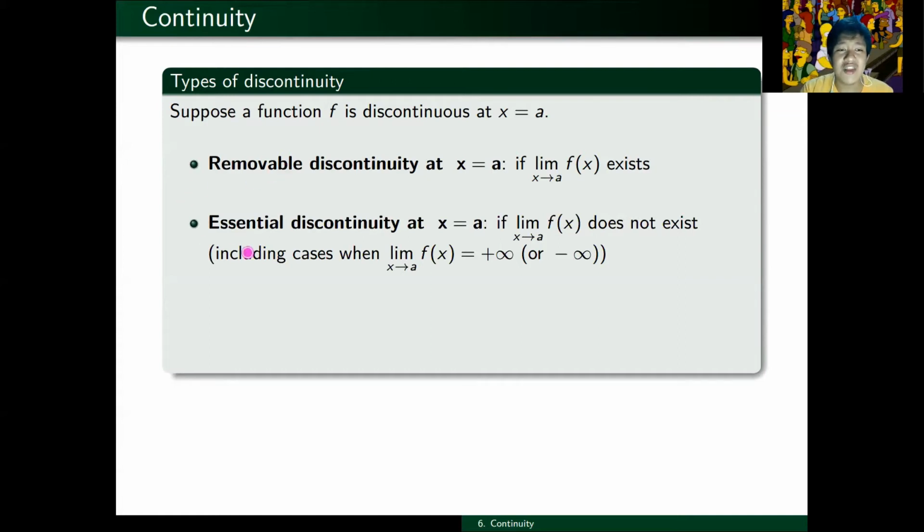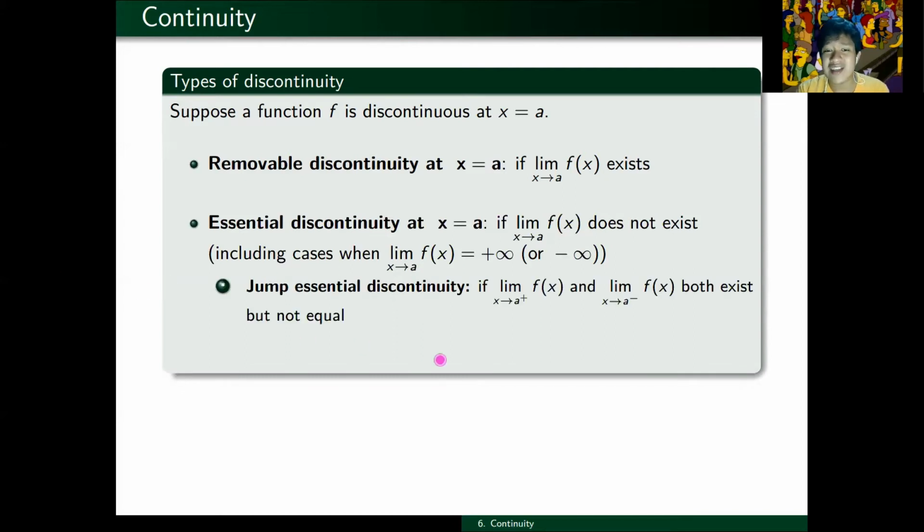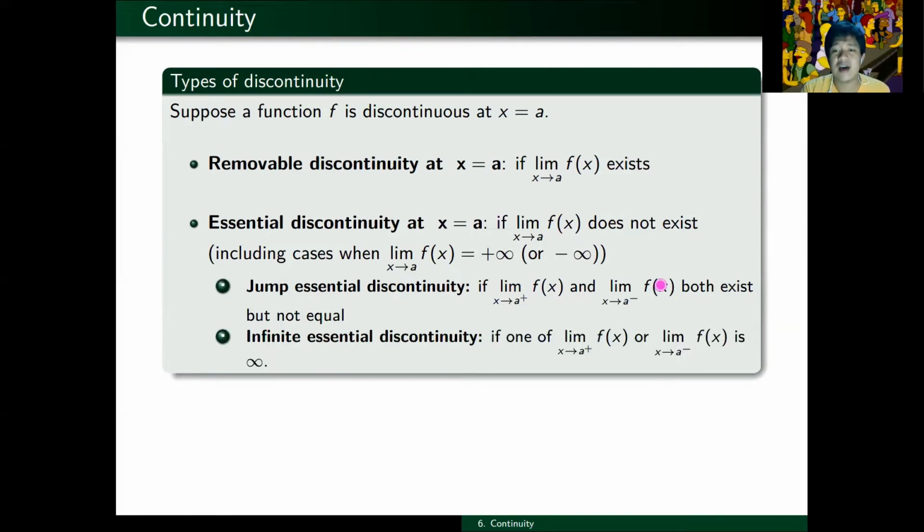So itong essential discontinuity, mayroon pa siyang subcategories. Jump essential siya kapag, well, nag-exist naman yung limit from the right and from the left, kaya lang magkaiba. So that's a jump essential discontinuity. Kapag infinite essential, one of your one-sided limits approaches either positive or negative infinity. Okay?